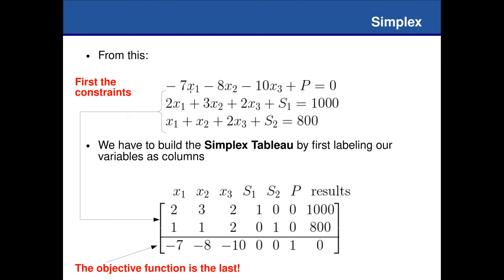Next, after all, we bring the optimization function, the objective function, sorry. Bringing the objective function, minus 7x1 will come here, minus 8x2, minus 10x3. We don't have S1 and S2, of course, but we have p, we have 1p, and results equal to 0.